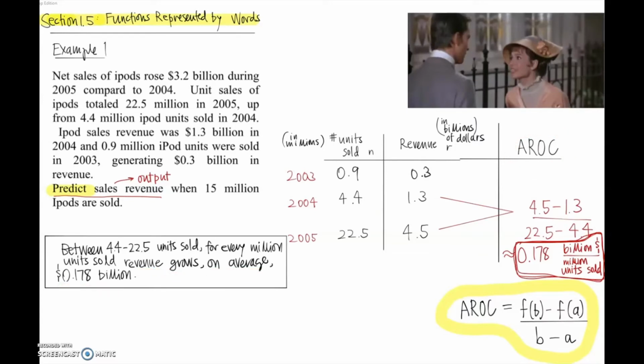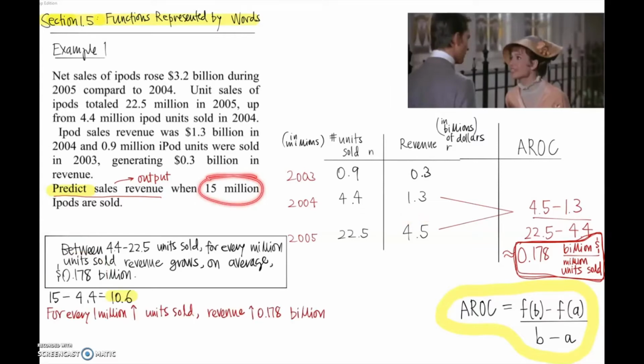Okay, so we're trying to grow from 4.4 to 15, and that is going to be 10.6 million units that we're growing in this interval. And so we're going to use that 10.6 and knowing this number here to build what revenue should be. So we're really interested in knowing what's going on when 15 million is our number of units sold. And 15 million from 4.4 is 10.6 million units.